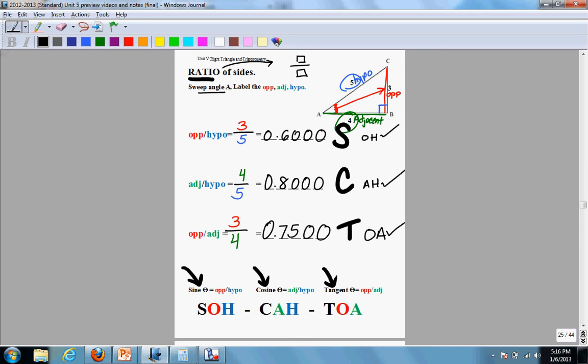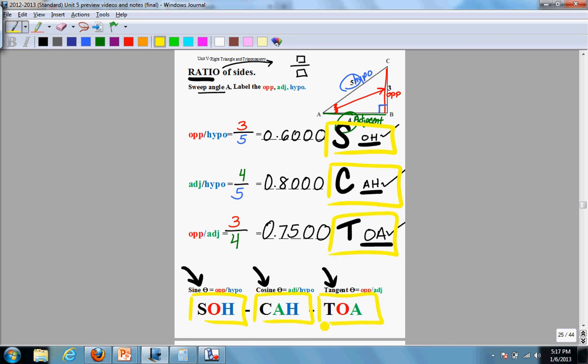Sine, cosine, and tangent. Sine means opposite over hypo. Cosine means adjacent over hypo. And tangent means opposite over adjacent. When we use the first letters of all these words, we get the acronym SOH CAH TOA.